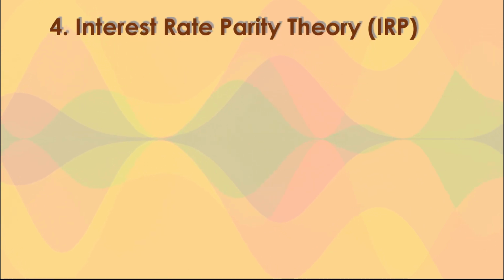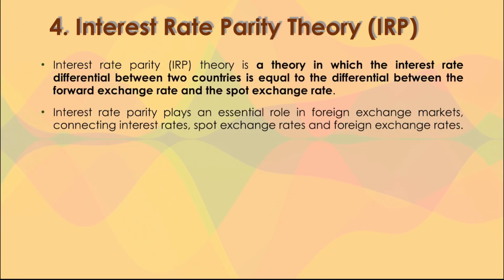And now let's move to the last theory, which is interest rate parity theory, IRP. What does this theory state? Interest rate parity theory is a theory in which the interest rate differential between two countries is equal to the differential between the forward exchange rate and the spot exchange rate.